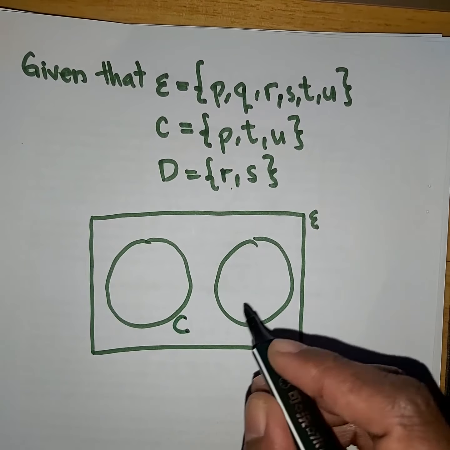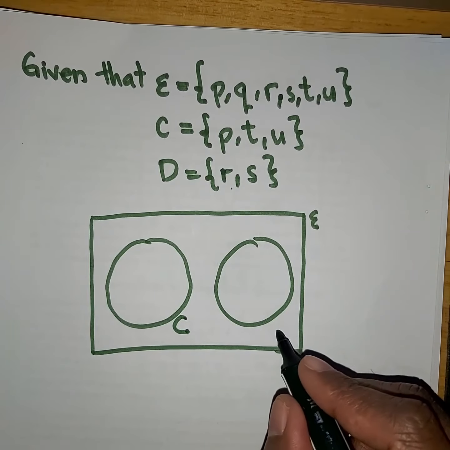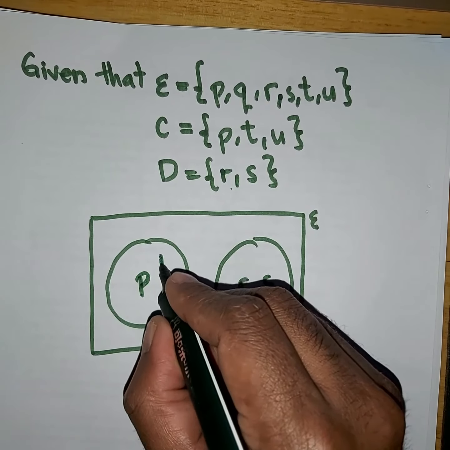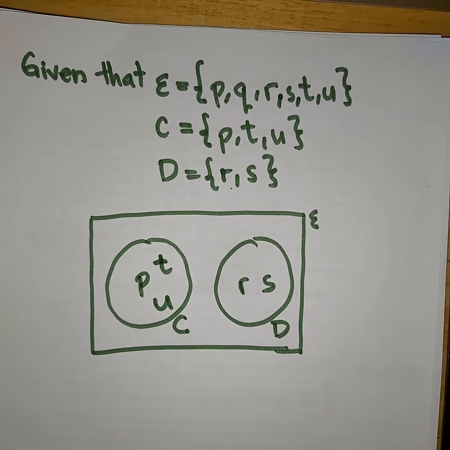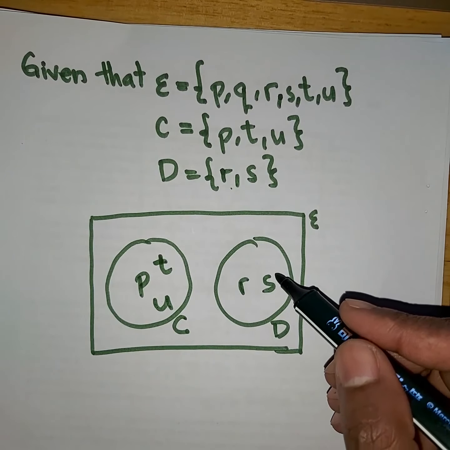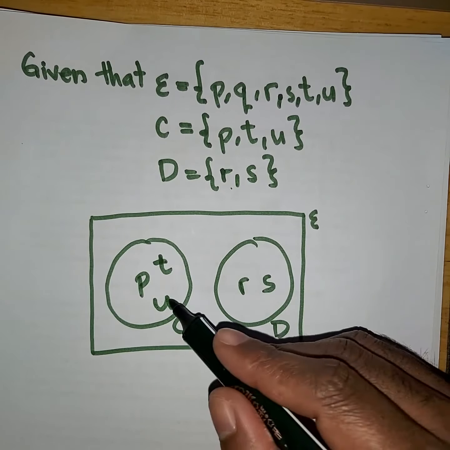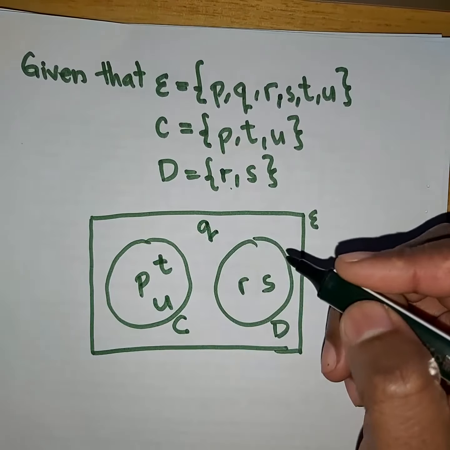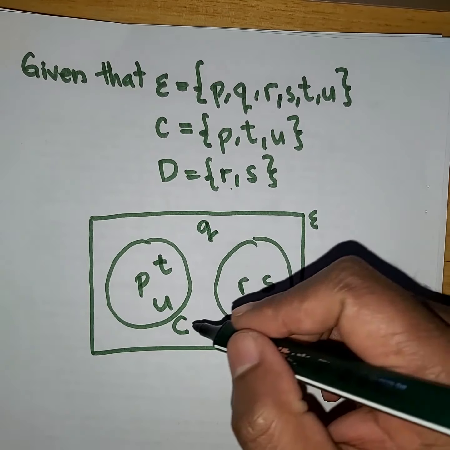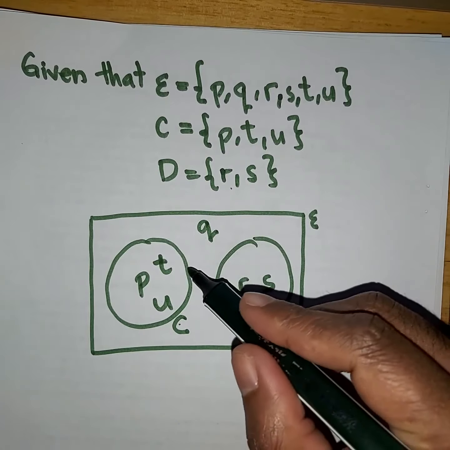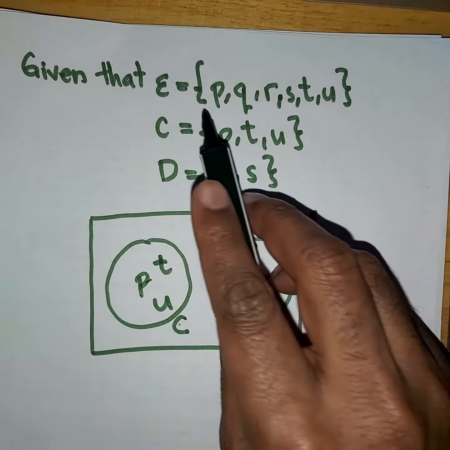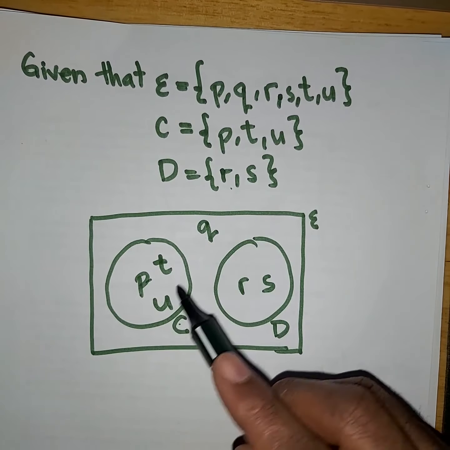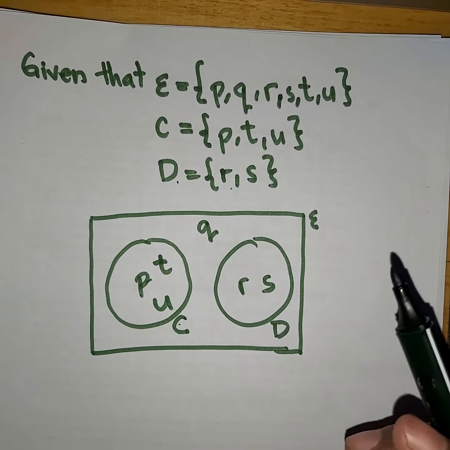So you draw set C and label the other set D, with R, S and P, T, U. The elements not in either set stay outside, according to the universal set. Inside set C you get P, T, U, and inside set D you get R and S.